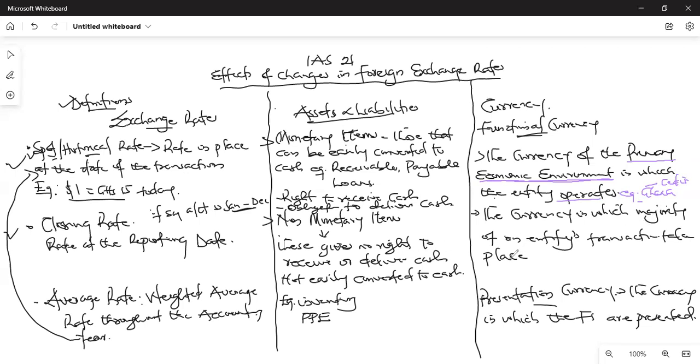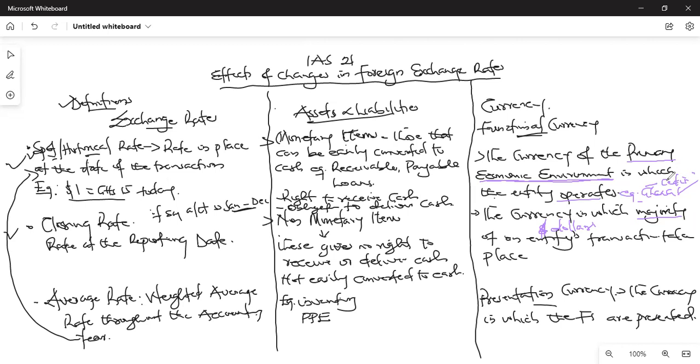Now, this part is where it brings about the confusion. So you can be in Ghana, which is a cedi economy, but you will be trading in dollars. So you ask yourself, if that is the case, then which of these is actually the functional currency? That is where the problem is. Because the economic environment of the entity is Ghana, and the currency of that economic environment is Ghana cedis. Herein, there is a company in Ghana whose majority of transactions is in dollars. So which one is the functional?